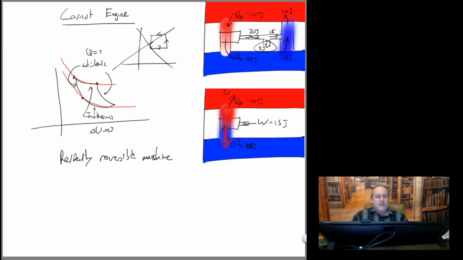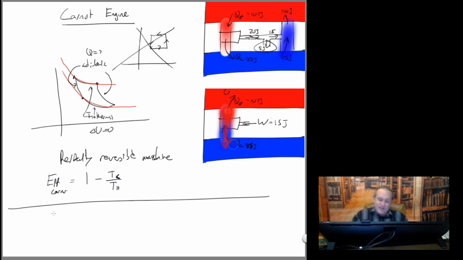So what is the efficiency of his machine? Well, he was able to show that the efficiency of the Carnot engine is just 1 minus the temperature of the cold place over the temperature of the hot place. So, my hot place is the red one, my cold place is the blue one, and for the efficiency, we just look at the coldest temperature in my engine and the hottest temperature, and take that ratio.